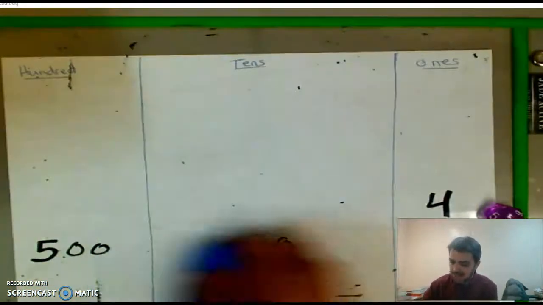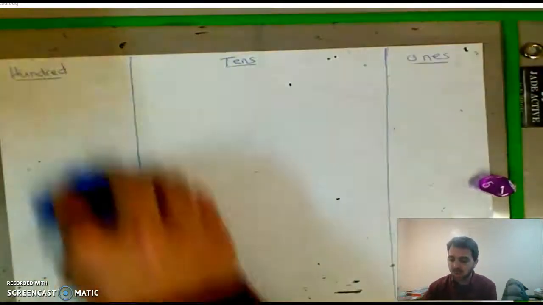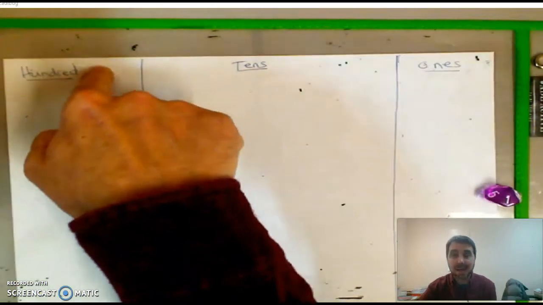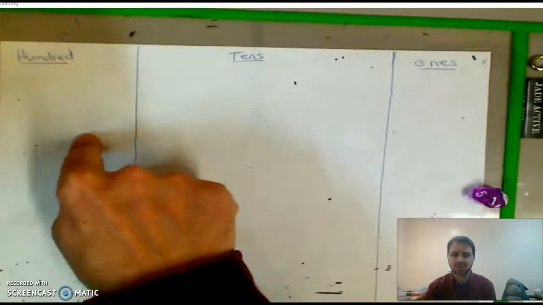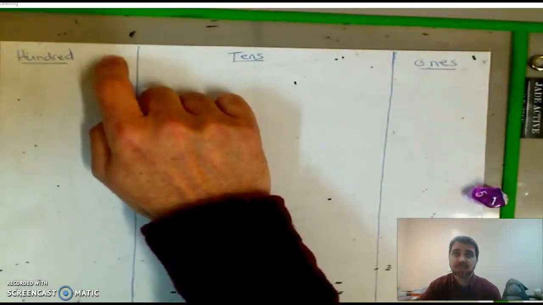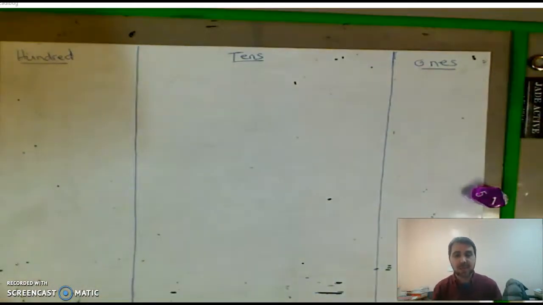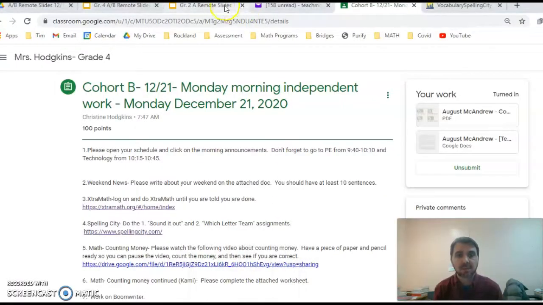Maybe you want to add 200 or 300, but don't go over 1,000. So if you have 900, don't go to 900 because then if you add 100, you're going to end up with 10 hundreds. So maybe the highest number to put in the hundreds place would be like a 6 or a 7, okay?